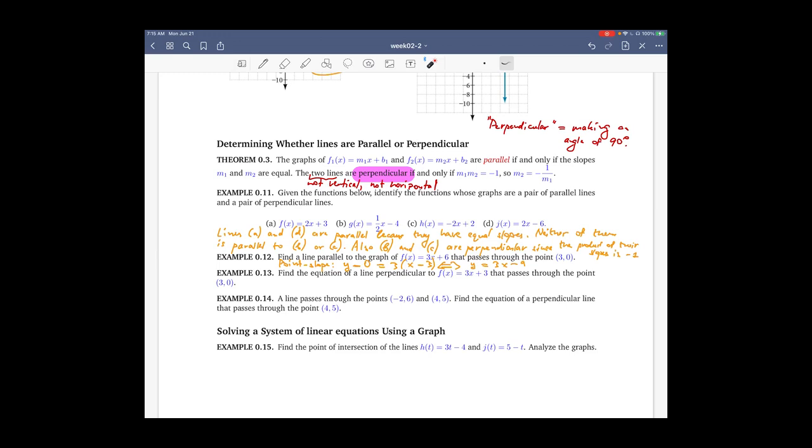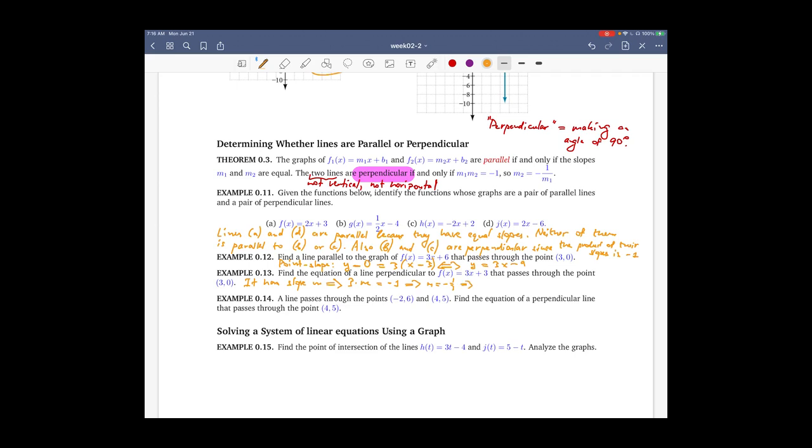The question is, what slope should our desired line have? Say it has slope m. That means that 3 times m, the product of the slopes of the given line and the line we're looking for, must be negative 1. So the desired line has slope negative 1/3.